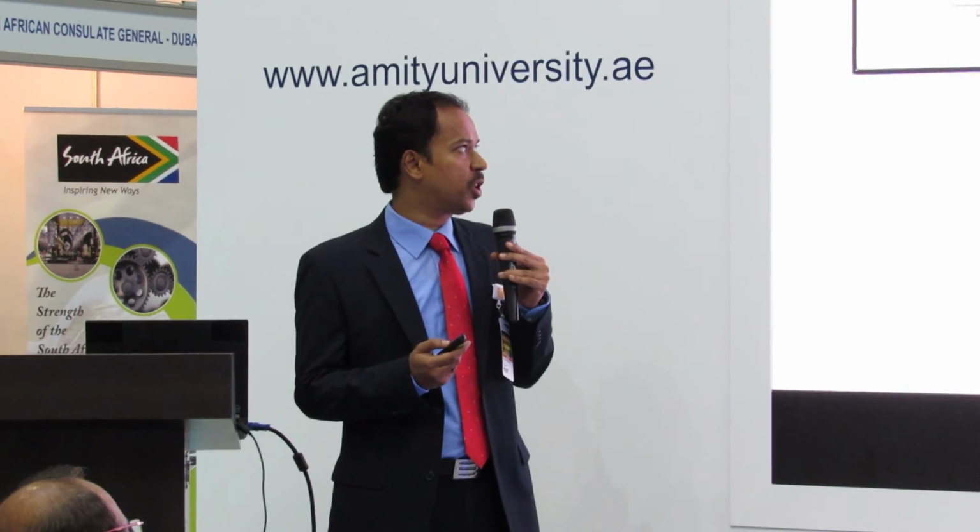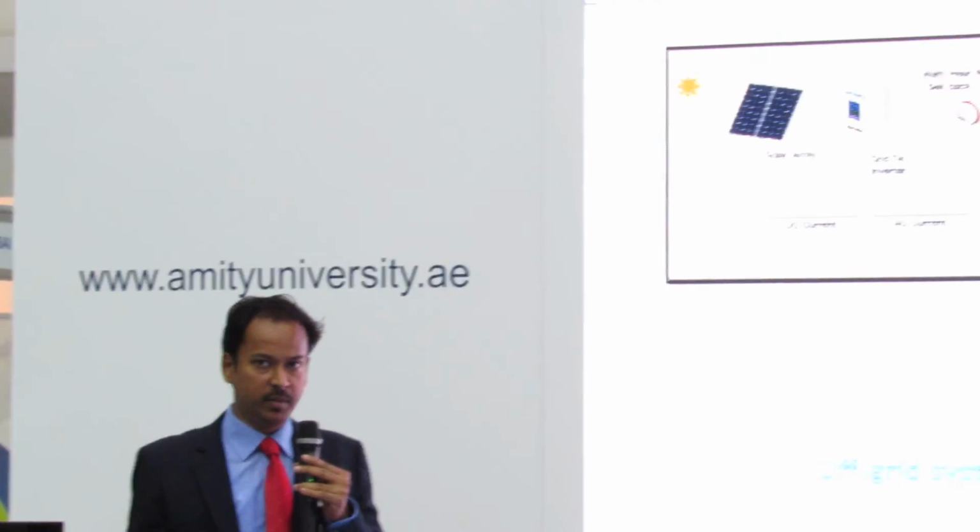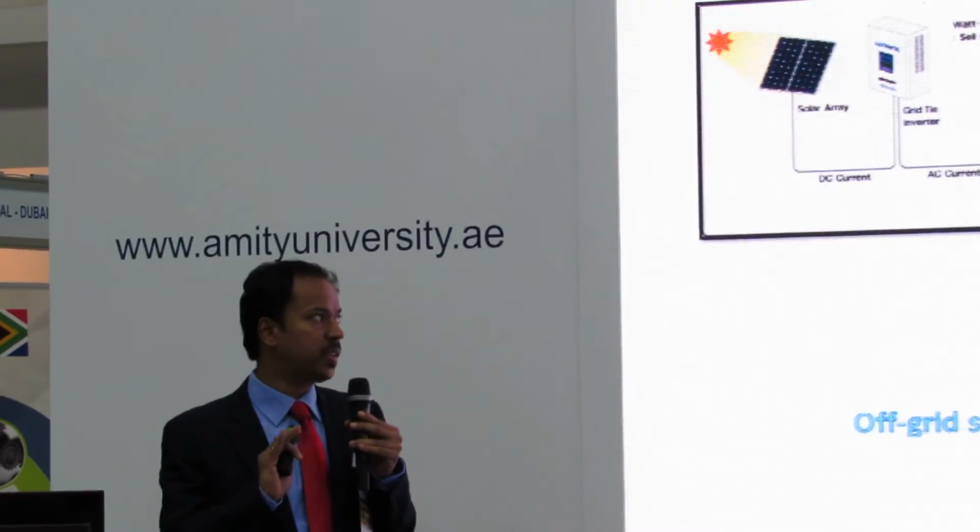Before we get into the anatomy of a module, let us quickly take a snapshot of the types of solar PV systems available. One is the grid-tied system and another is an off-grid system. Since I said we'll keep it very simple, I'll just touch upon the basic differentiator.